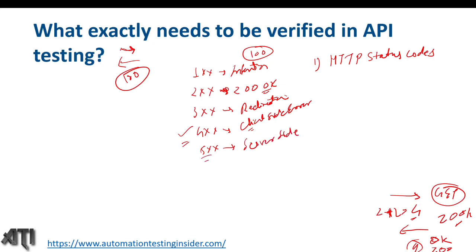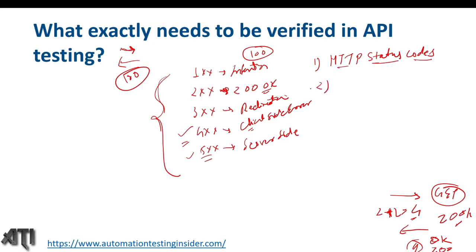If the server is down or not responding, or if the logic is not correct or any problem is there on the server side, we get the 500 series error. So these are the different status code series, and this is what we verify as part of API testing.